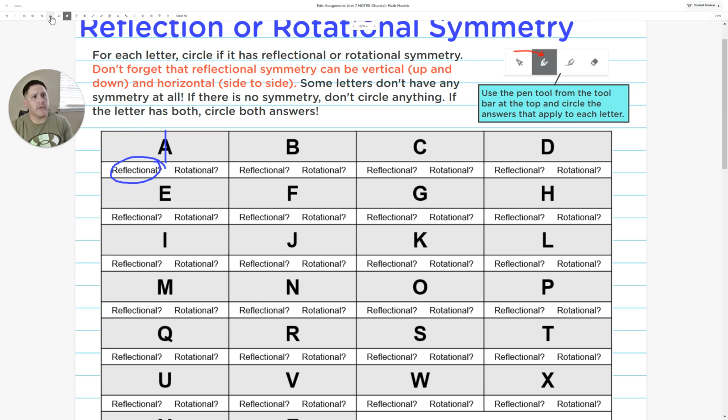But if I were to rotate that N before going one full rotation, can I get a symmetry going with the N when I rotate it? And then yes, you can. When you rotate it upside down, it's still going to look like an N. So therefore it has rotational symmetry.